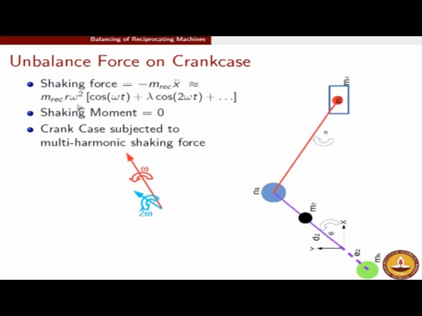So m r squared omega is the magnitude of a rotating unbalance, with the value of unbalance being m_rec times r, rotating at the speed omega. So to understand what this shaking force is, I can think of it as a shaking force due to a rotating unbalance of magnitude m_rec r rotating at a speed omega.